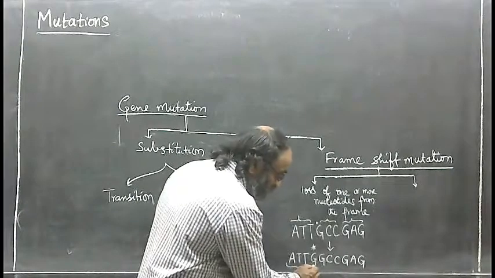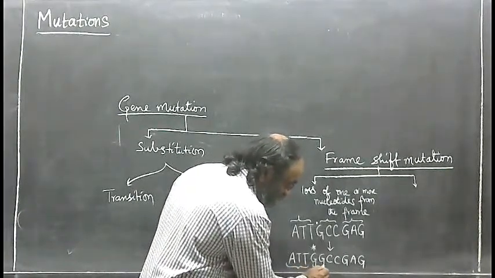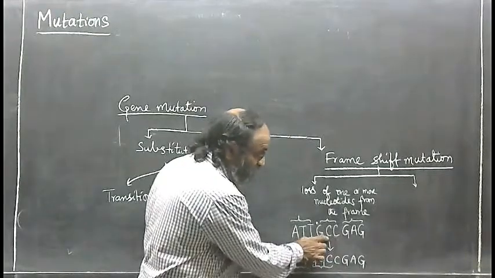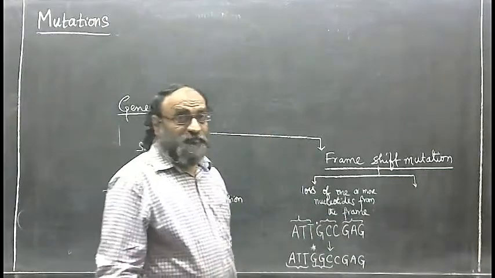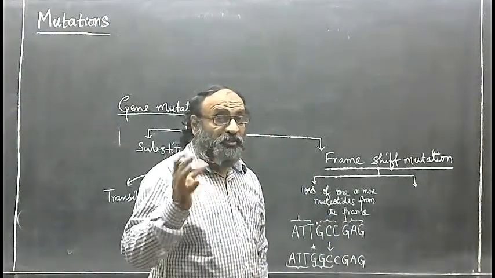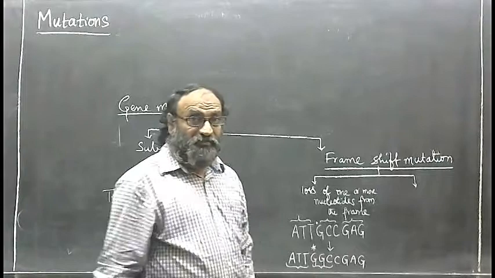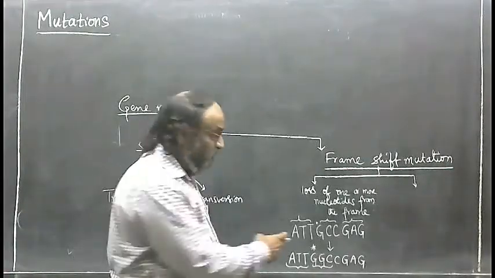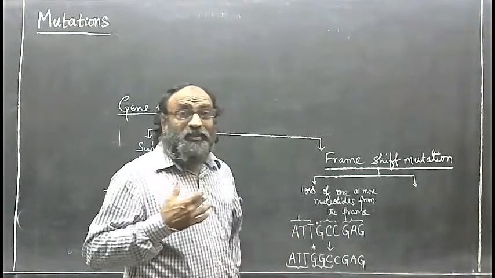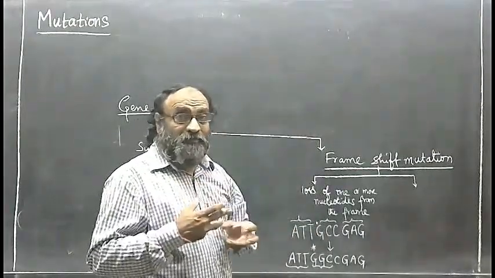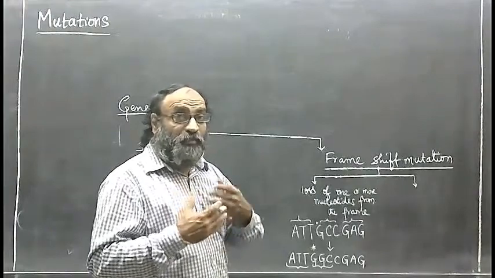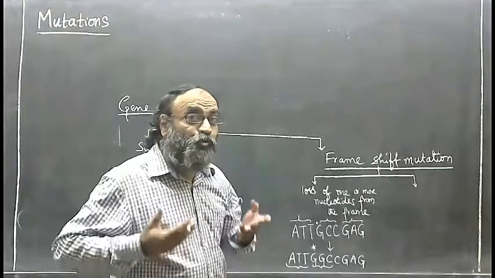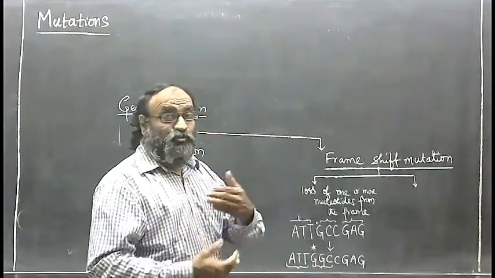The second codon after mutation is GGC. Before mutation it is GCC. Is it not a change in the nature of the second codon in this case? The change in the nature of the second codon may alter the amino acid that it is going to decode.